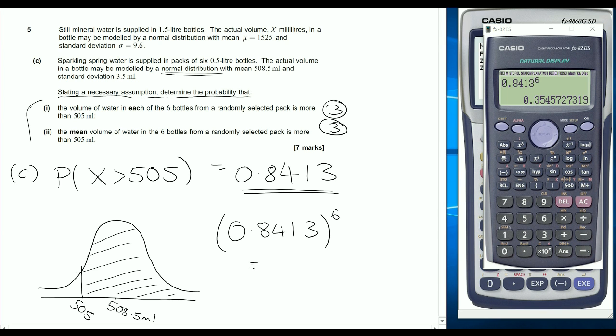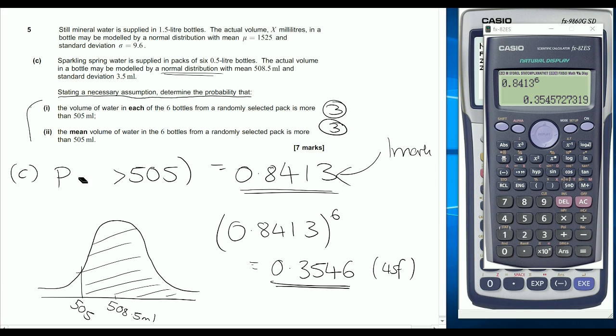And in doing that, we then get the probability 0.3546 to 4 significant figures, which is the final answer worth 3 marks. Getting to here is just worth 1 mark. You needed to have identified that we wanted 6 of them, so we raise it to the power of 6, and then once you've identified that, we can then say what the final answer is for our accuracy mark there. So that was part 1, C part 1 there, getting down to our answer.